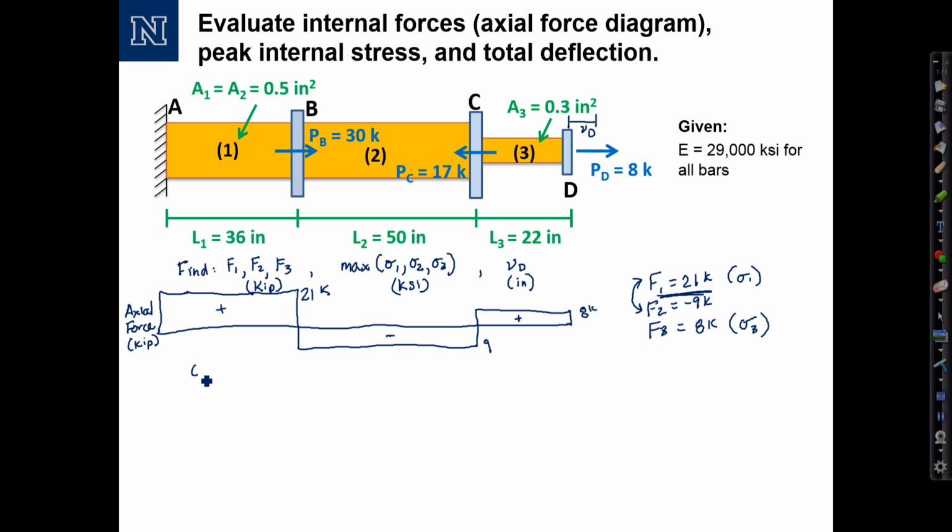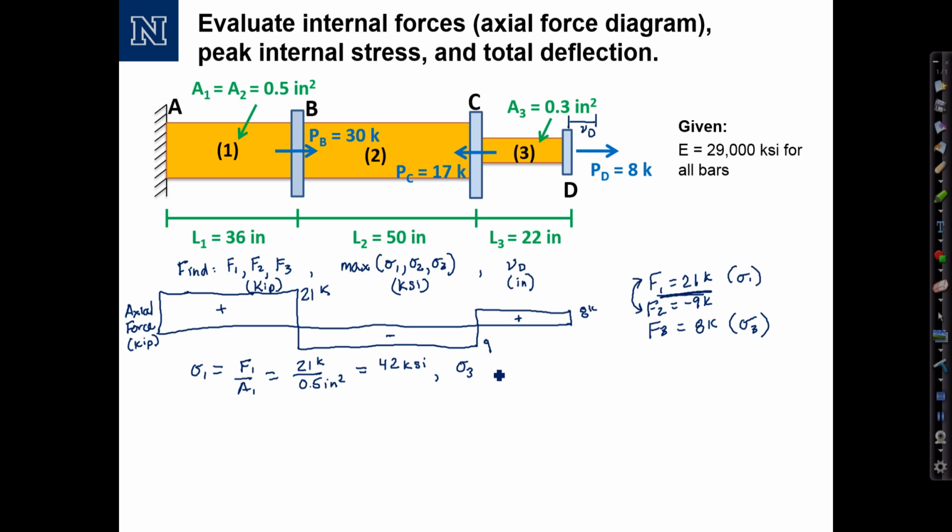Okay, so sigma 1 equal to F1 over A1 equals 21 kips divided by 0.5 inches squared. I can do that in my head. That's 42 kips per square inch.